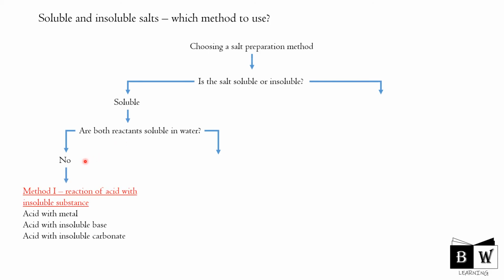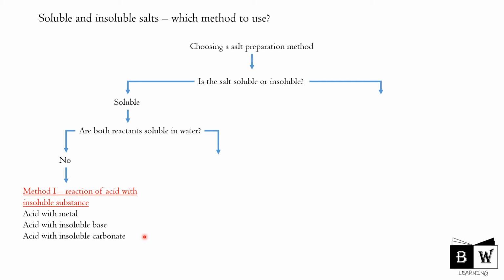If they are not, meaning if one of the reactants is in the solid state while the other is in the aqueous state, then we use the first method where we react an acid with an insoluble substance. Here, it could be an acid with metal, an acid with an insoluble base, or an acid with an insoluble carbonate. And in this video, we will be going through method 1 for salt preparation.